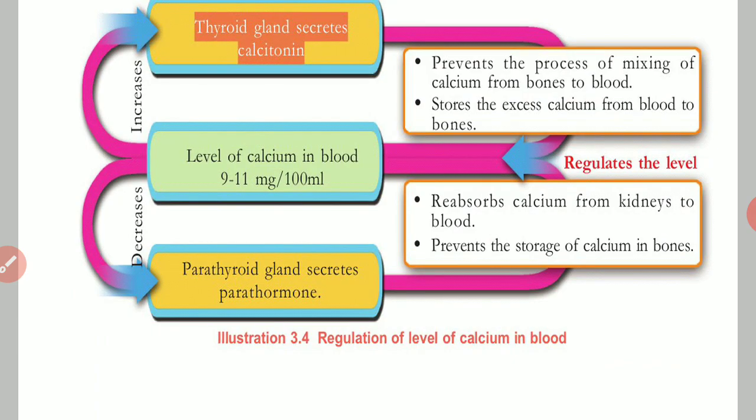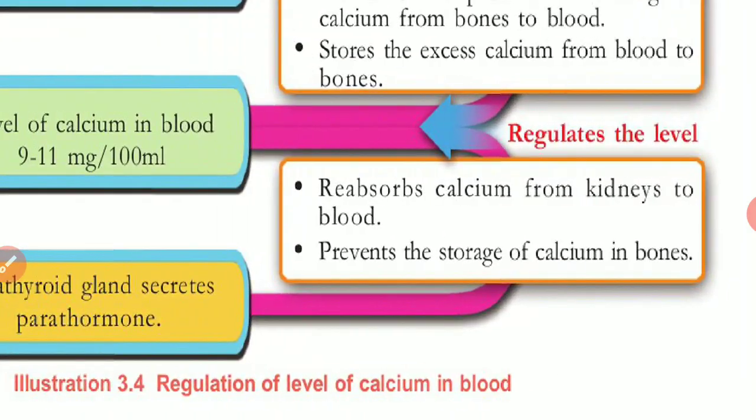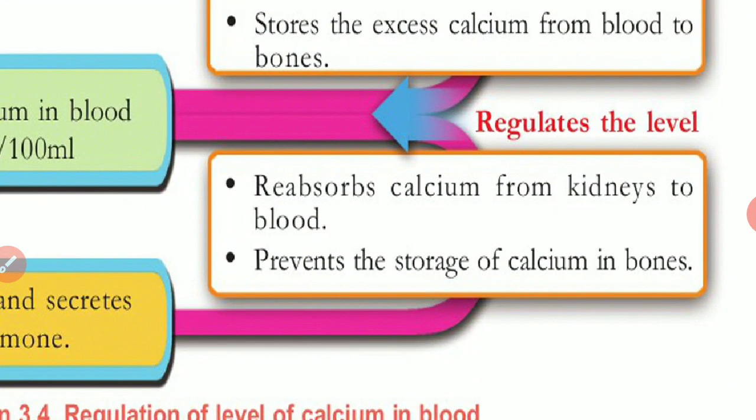Let us see how it controls the process. It reabsorbs calcium from kidney to blood. Here the level of calcium is low in the blood, so naturally the blood needs more calcium. To get more calcium, one way is to reabsorb calcium from kidney to blood.